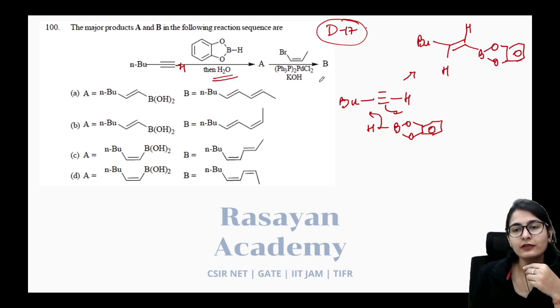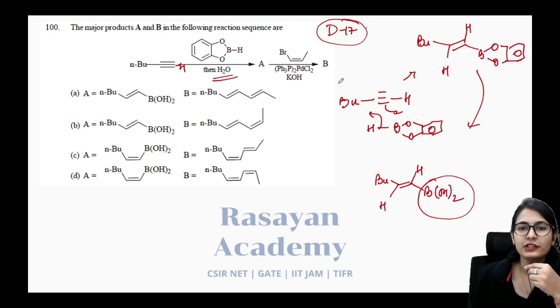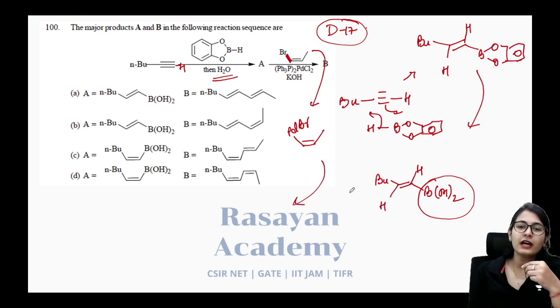Second step is hydrolysis, which is going to give you basically the same system, but with the borane hydrolyzed to a boronic acid. Now this is ready to do the transmetallation with this species. Now this species will first of all give you palladium inserted in between the carbon-boron bond, oxidative addition.